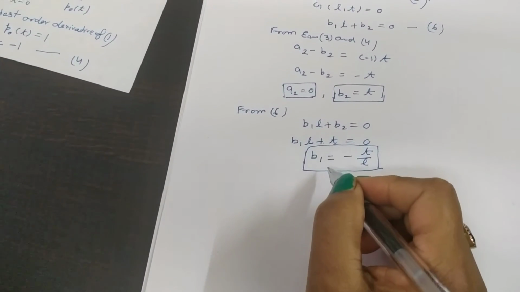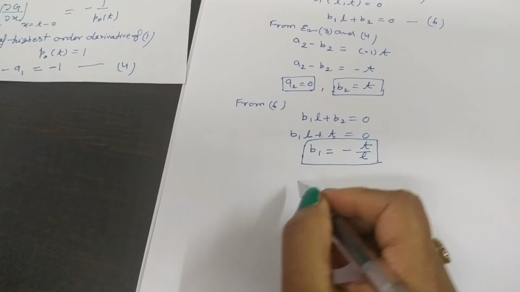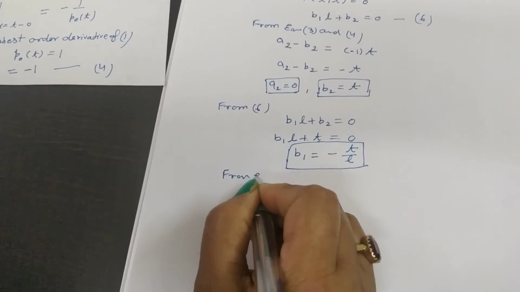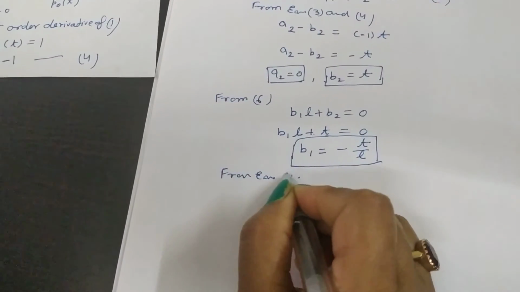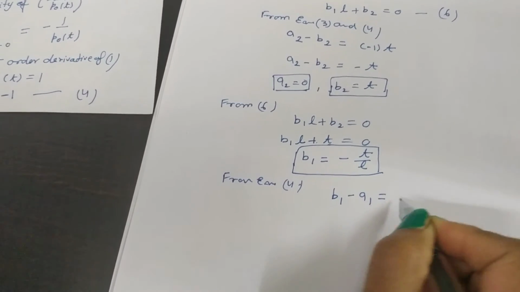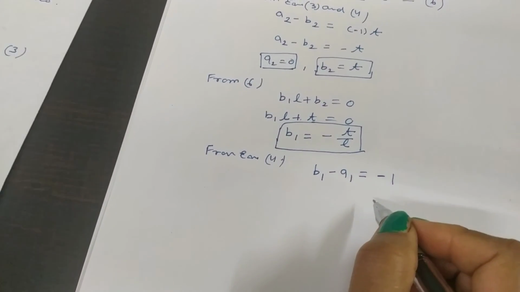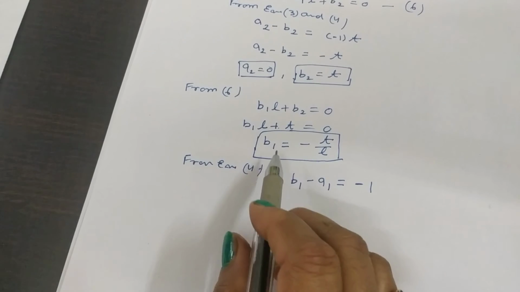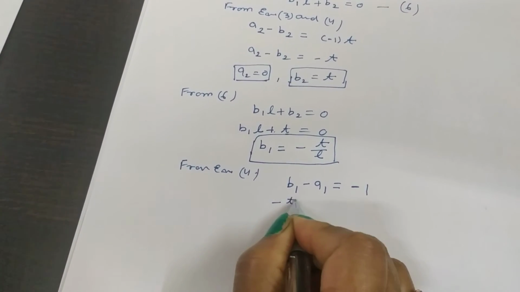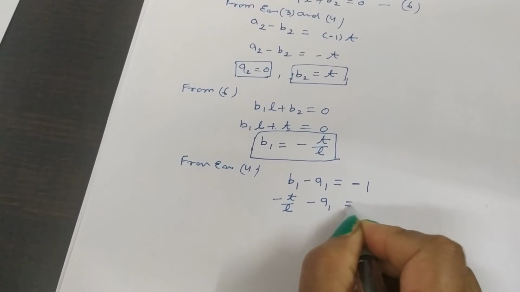So you have also obtained b1. Now from equation 4 you have b1 minus a1 is equal to minus 1. Substituting b1, minus t by L minus a1 is equal to minus 1.